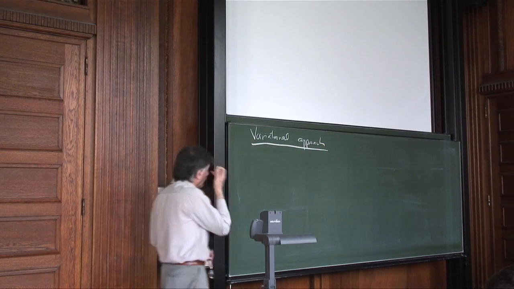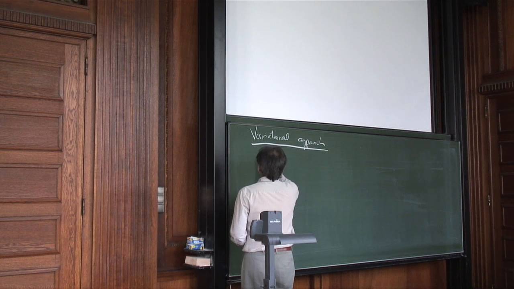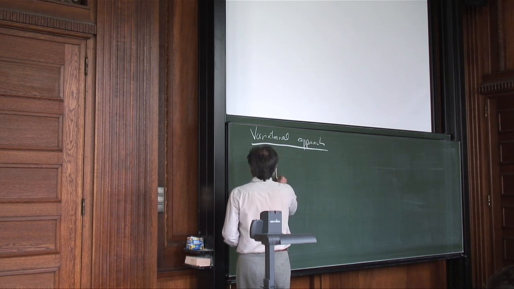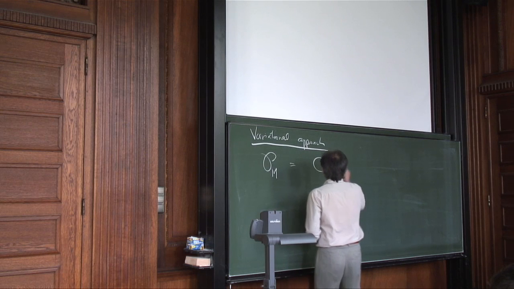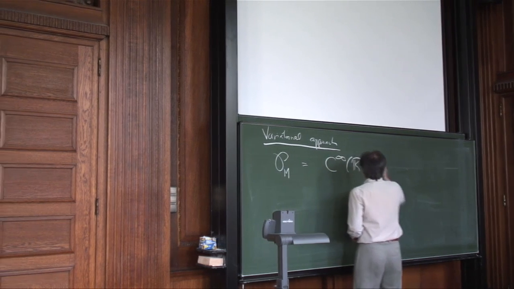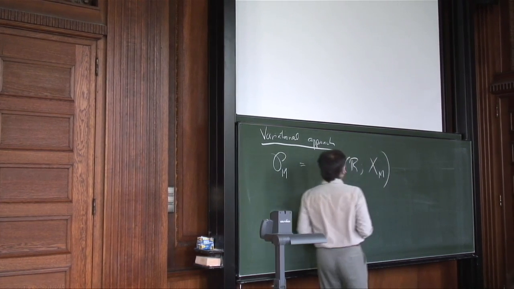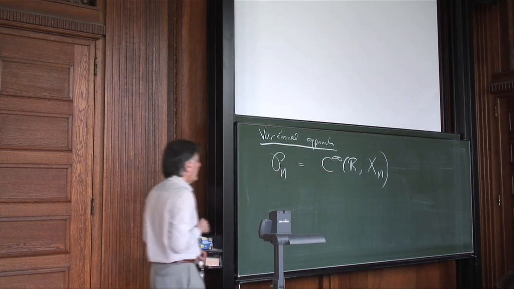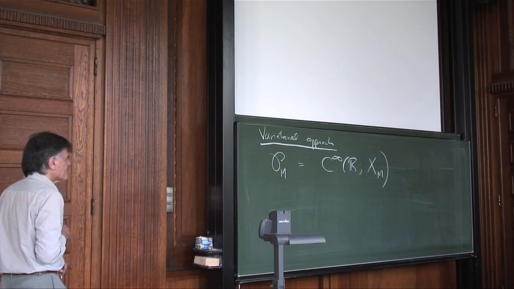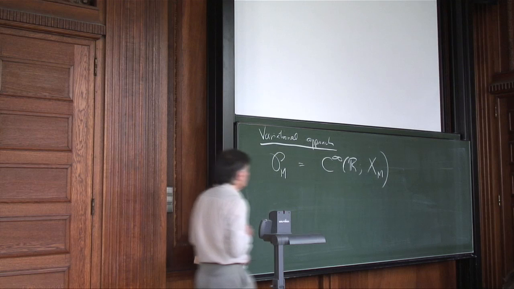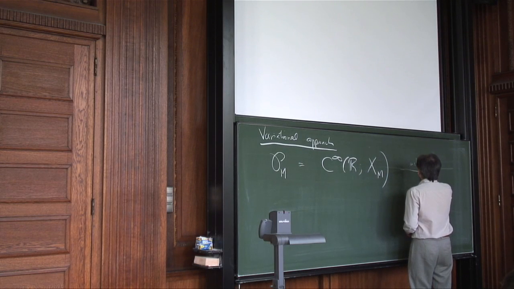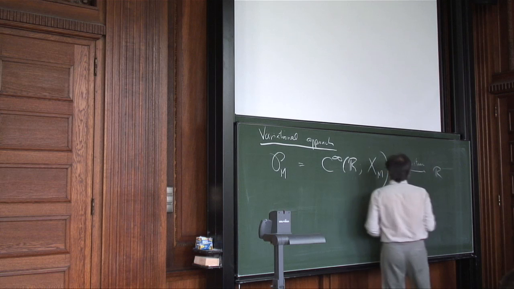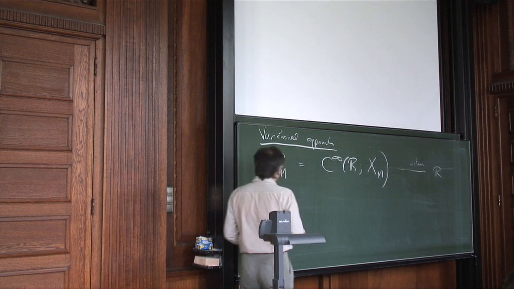In the variational approach, one introduced the paths, the C infinity maps, the trajectories in the configuration space of the system, not necessarily obeying any physical laws. And then one said that there was some action functional. Well, that's a little bit too crude, so I'll be a little bit more precise.